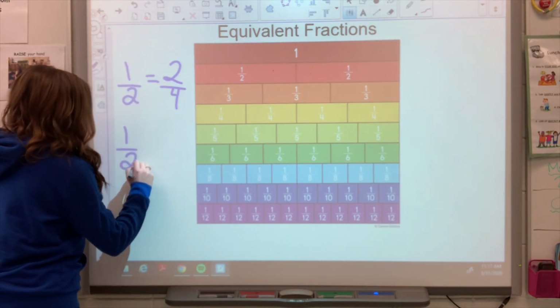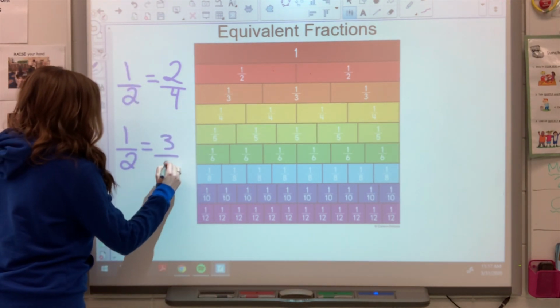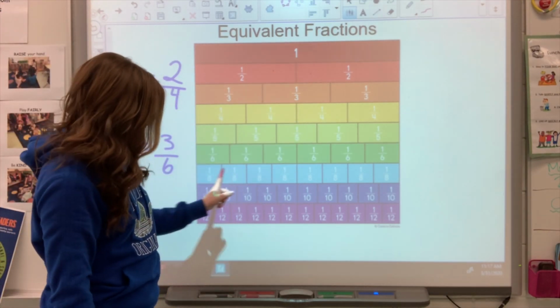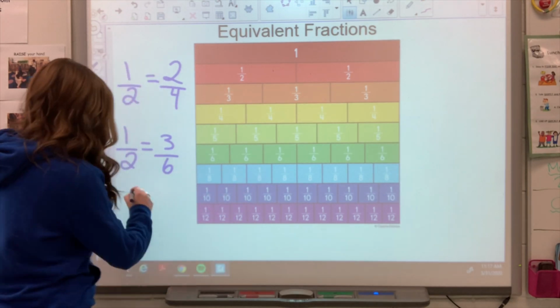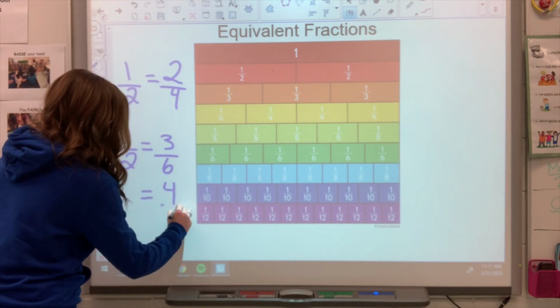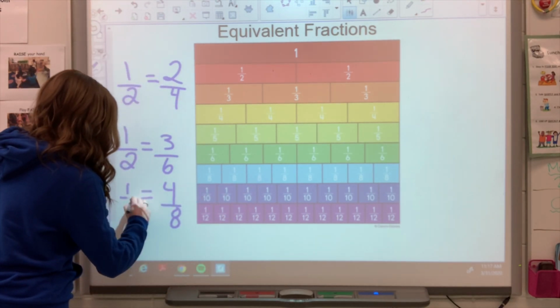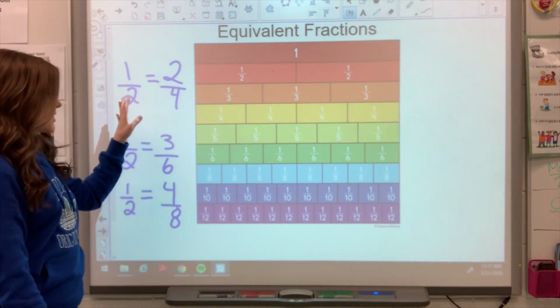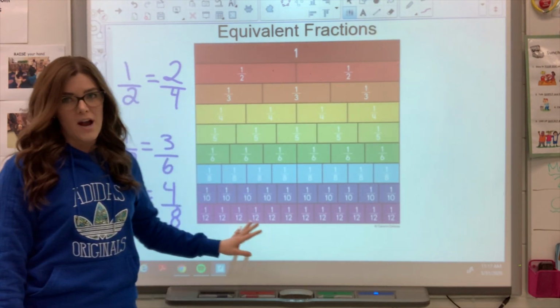So 1/2 is equal to 3/6. And then I can keep going down and I can see that 1, 2, 3, 4/8 is also equal to 1/2.